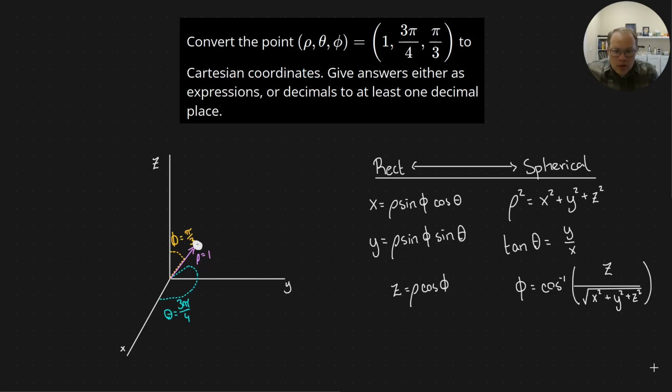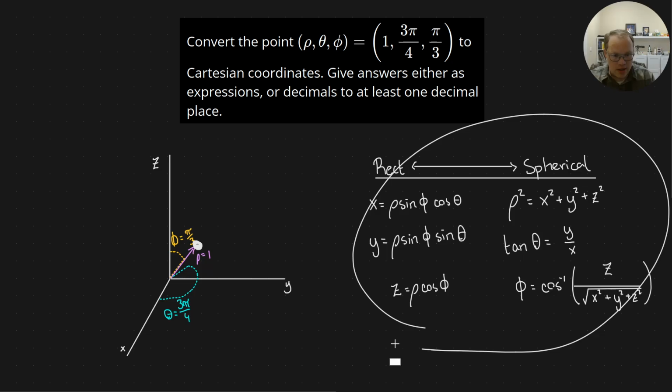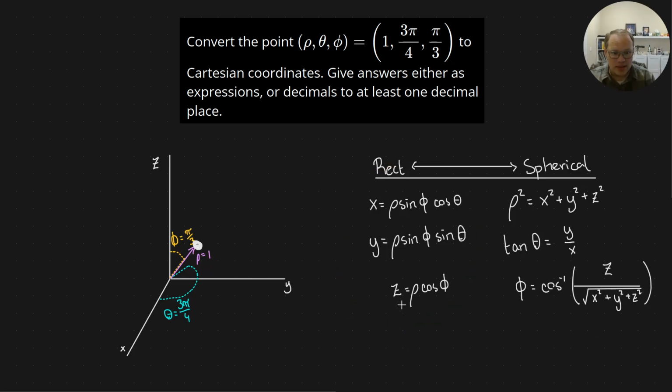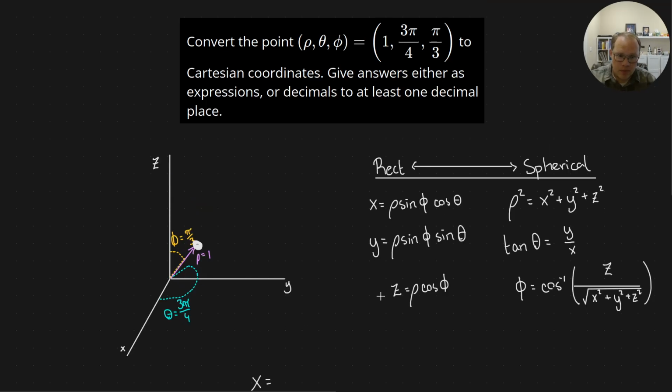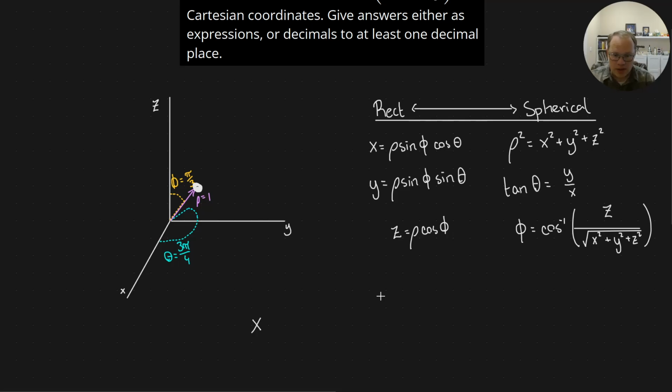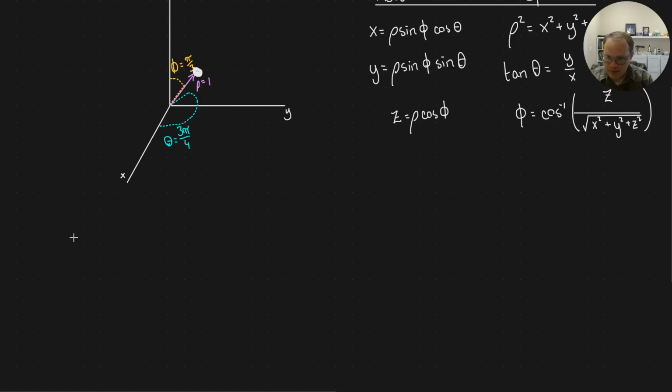So with these formulas ready, we can easily find x, y, and z. We just plug into these 3 formulas right here. So x is going to be rho sine phi cosine theta. X equals rho sine phi cosine theta.